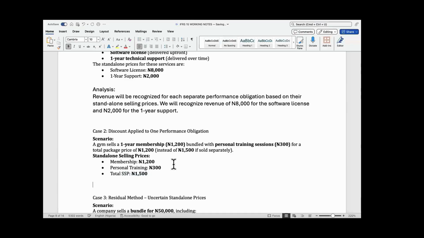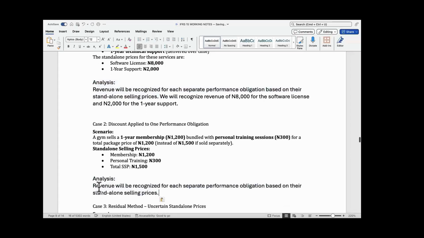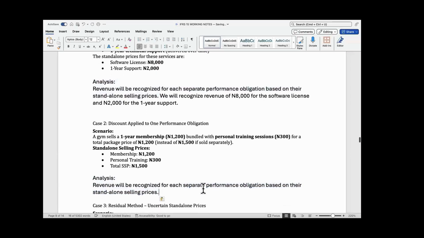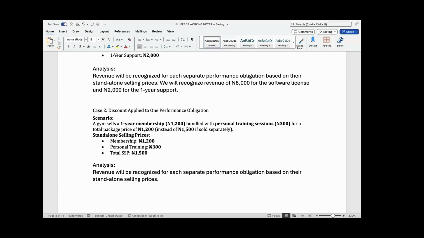Now, again, if I want to analyze this, you will say that revenue will be recognized for each separate performance obligation based on their standalone selling price. Now, how much revenue are you going to recognize for membership? How much revenue for personal training?